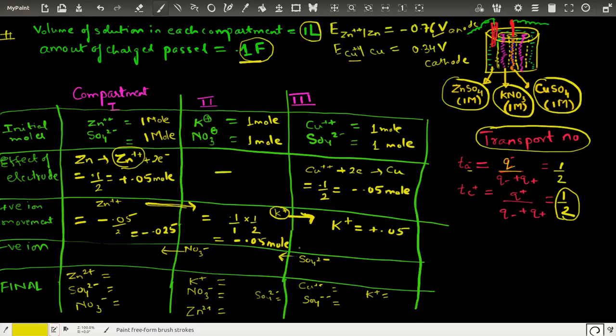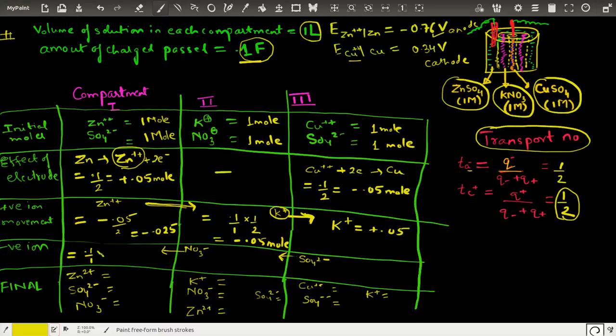Now when we talk about the migration of the anions, NO3 is migrating from compartment 2 to compartment 1, and since the charge on NO3 ions is -1 and we are passing 0.1 farad, effectively the number of moles transferred would be 0.1 upon 1.